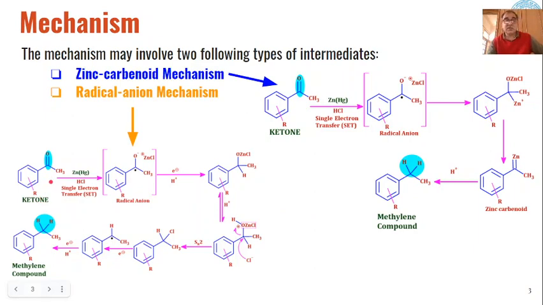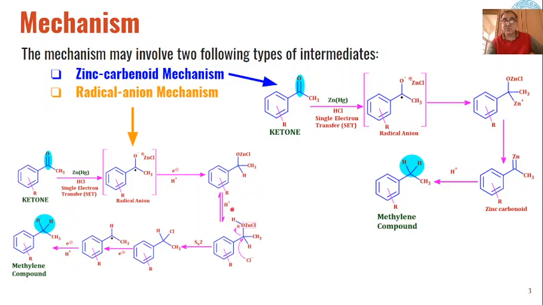Similarly, the radical anion mechanism also converts ketones into methylene compounds. Like in the first mechanism, first we get a radical anion of this type, and then in the next step, this radical anion takes up one more electron and H positive ions from HCl, and we get this type of intermediate.